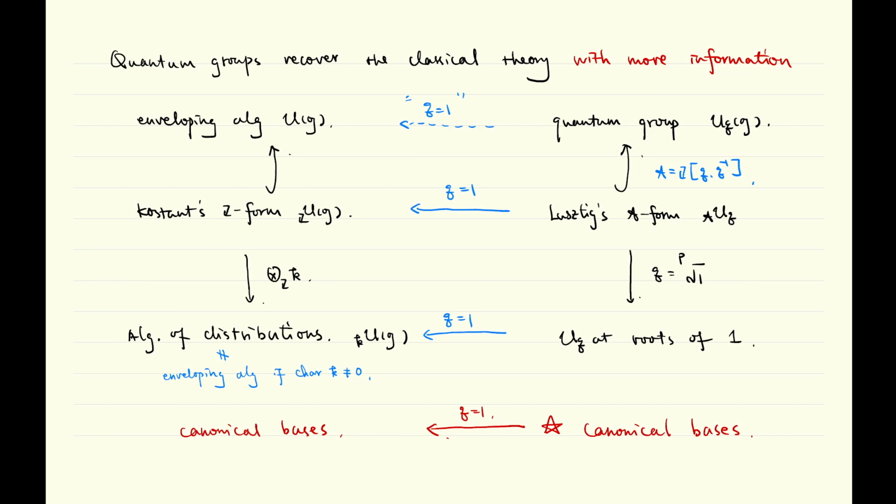Let me emphasize, since here at the bottom line, in characteristic p the Lie algebra and the enveloping algebra are slightly different things. So what you're getting here is the algebra of distributions, not the enveloping algebra. For this one you need to consider the Kostant form. And behind everything, what makes all the specializations work nicely is that we have a nice theory of canonical basis, which at the specialization becomes again a basis downstairs.